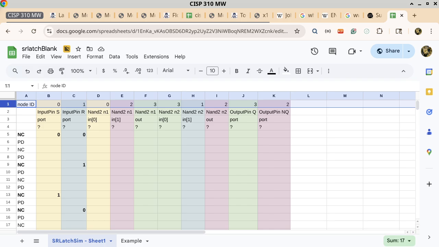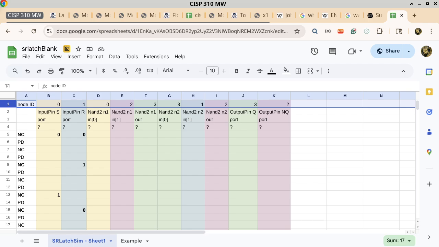If the color is already telling us node connectivity, what is the purpose of node ID? Well, I'm not colorblind, but if somebody is colorblind, the color that I have chosen may not work well for that individual. So that's why I also use integers or natural numbers to specify this is node 0. Anything under node 0 is electrically connected.